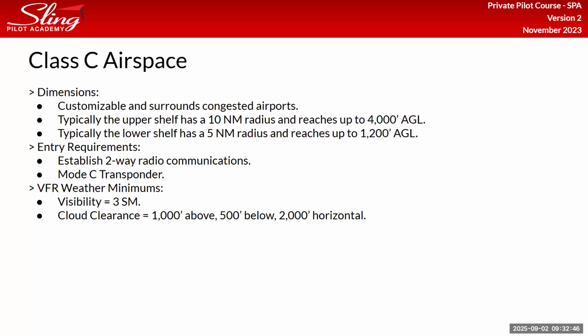There's no exact way to figure this out if the cloud layer is not reported. Best practice, stay away from clouds if you need to, but 1,000 above and 500 below is doable if you're given a cloud layer report, but 2,000 horizontal. Use your best judgment for how far away that is.